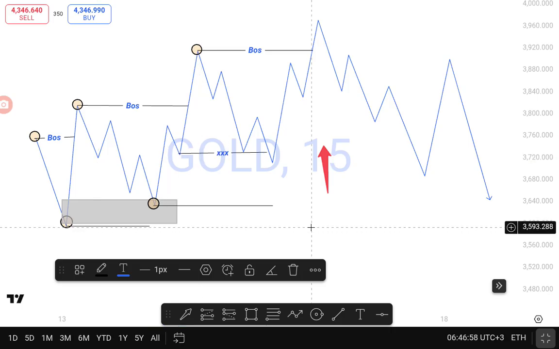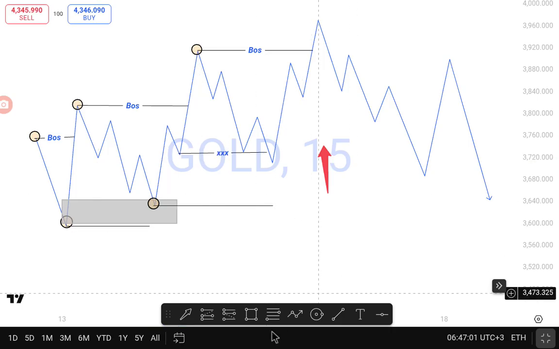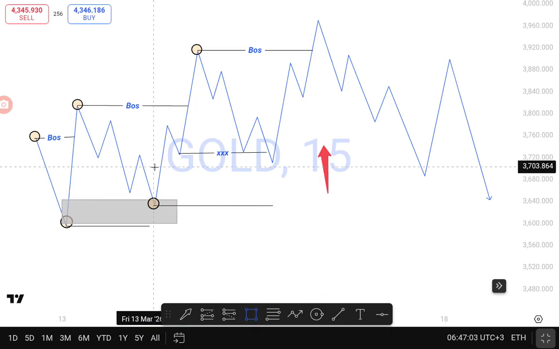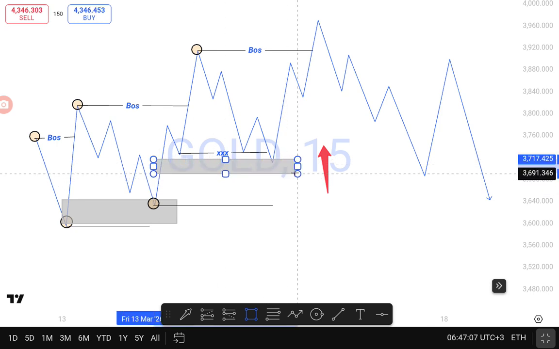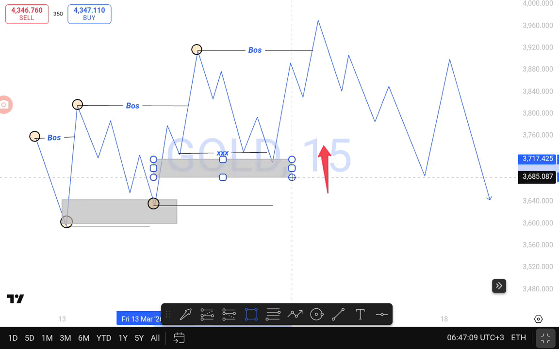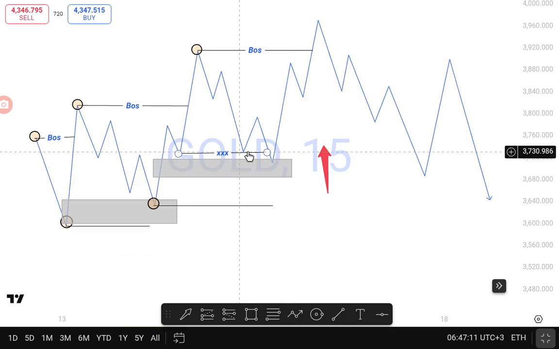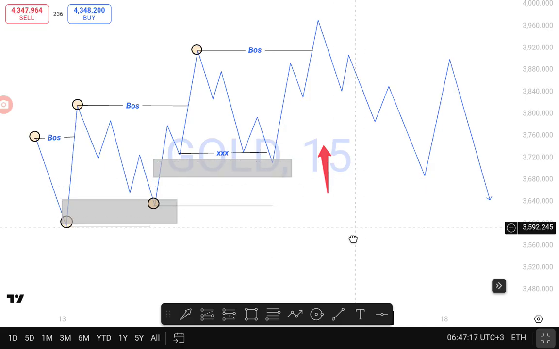Price can react from, maybe here there was, let me say, a higher time frame demand, like this, with liquidity sitting above it. So this kind of liquidity was tapped into our point of interest and continued the trend.